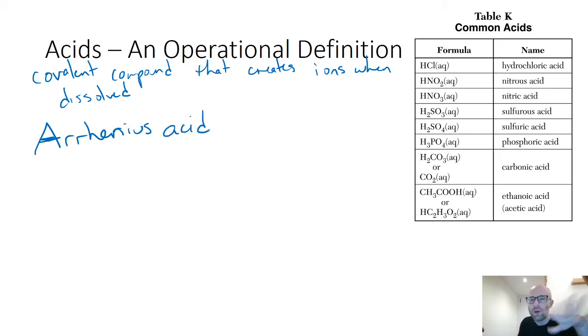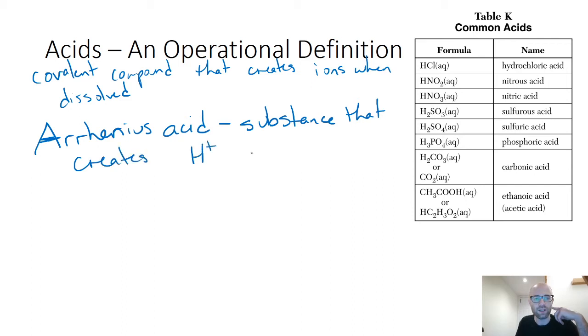It's a little bit more elegant than what I'm saying, but it kind of gets the point across. An Arrhenius acid is a substance that creates H+ ions as the only cation in solution.